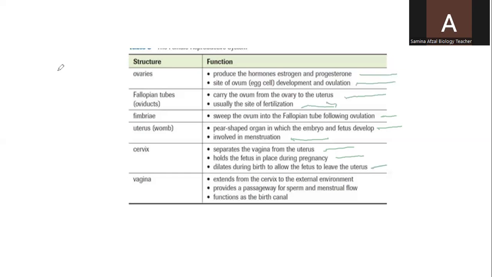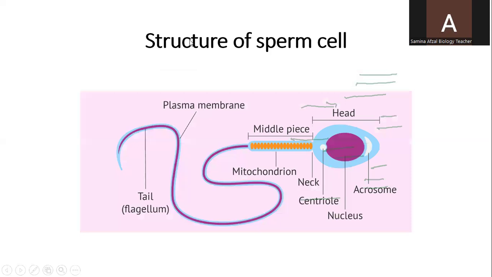The vagina extends from the cervix to the external environment and provides a passageway for sperm and menstrual flow. It functions as the birth canal. So these were the specific parts and their functions.